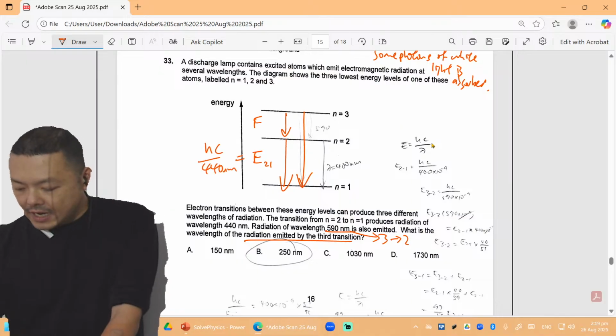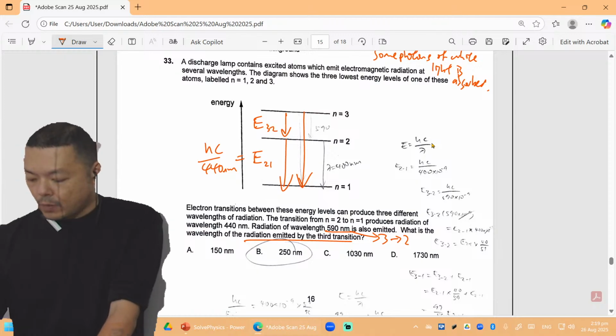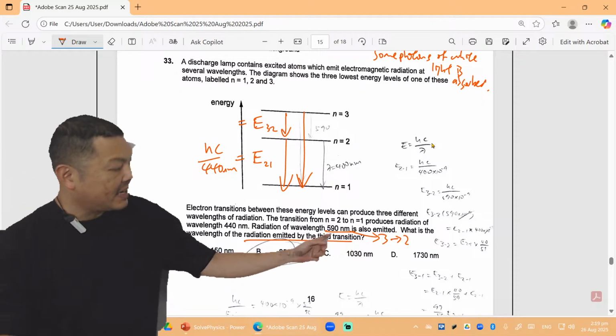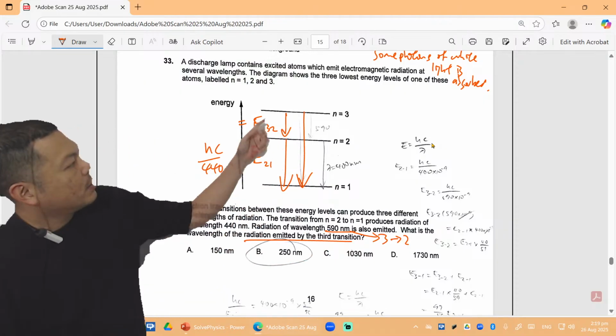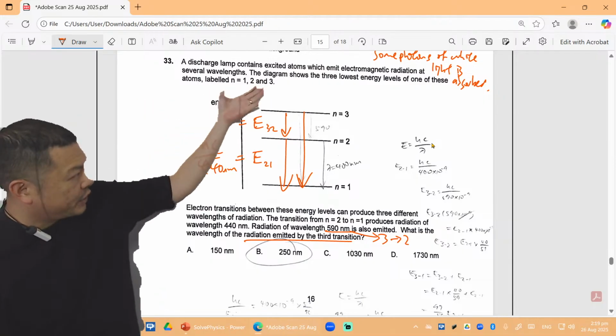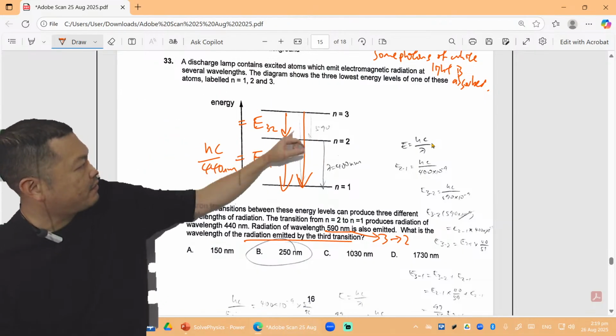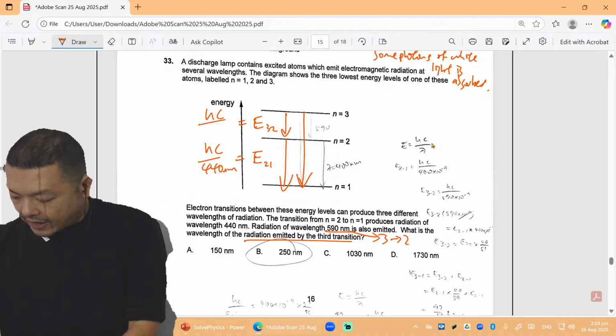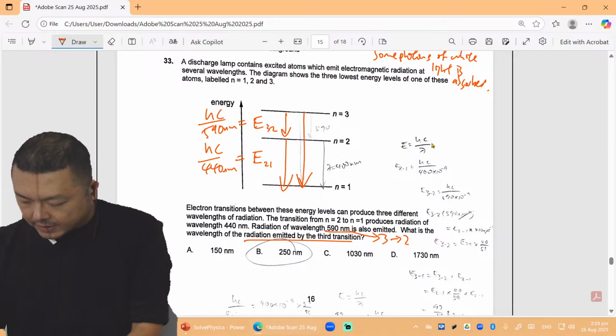E3 to 2 will give you a wavelength of 590 nanometers. You have to recognize that 590 is lower energy than 2 to 1, which makes 3 to 2 even smaller energy, which is true. But you got to recognize that it's hc over 590 nanometers.